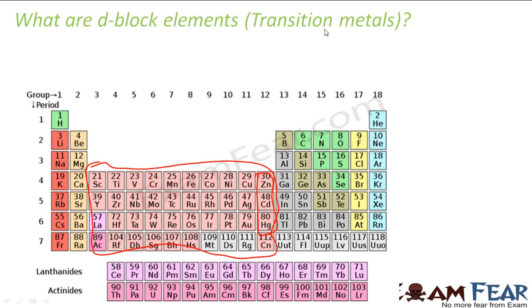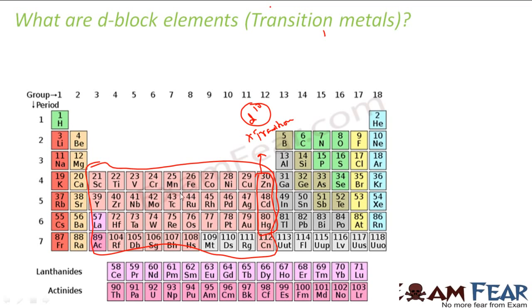Because for transition metals, the definition is that it should have an incompletely filled D orbital. We'll talk about that later, but just understand that these are not transition metals. Why? Because when we talk about their electronic configuration, you will get D10. D is filled. If D is filled, they are not considered as transition metals.